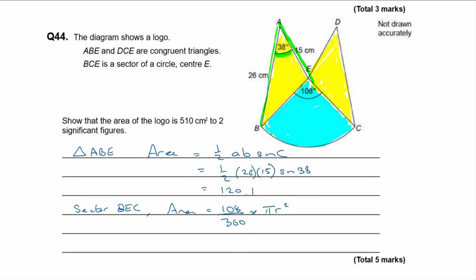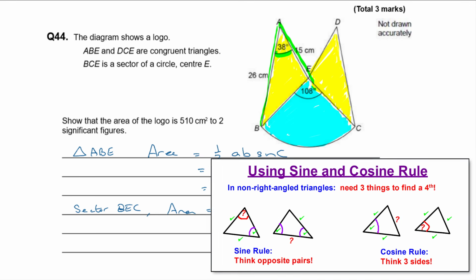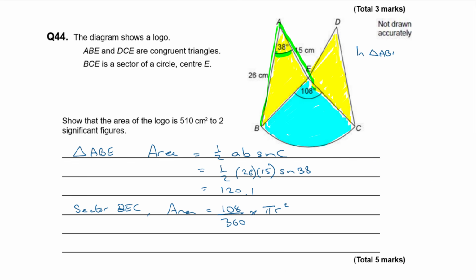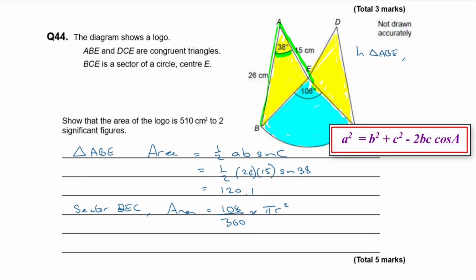So it looks like we're going back to the triangle ABE, and we're going to be using the cosine rule to find the third side given the other two and the angle, aren't we? So in triangle ABE, if that's angle A up there, then this is side A down here.